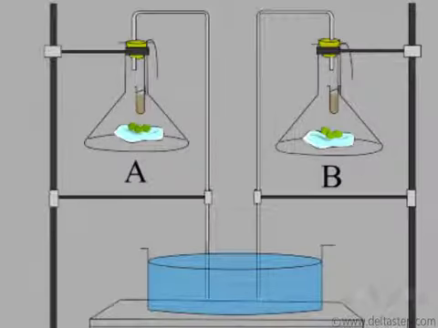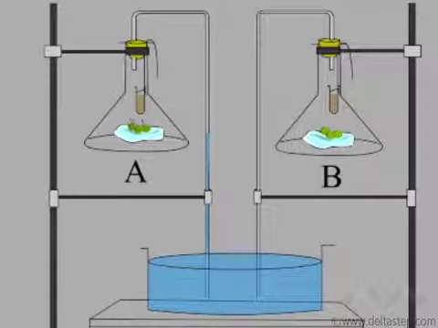Now it is seen that water rises in the pipe connected to A. Since water rises in the pipe connected to A, we can infer that pressure in flask A decreases, and thus we can say oxygen is taken up during respiration.